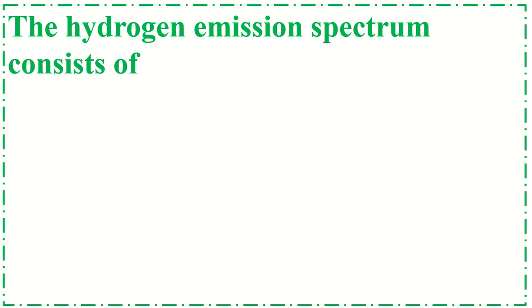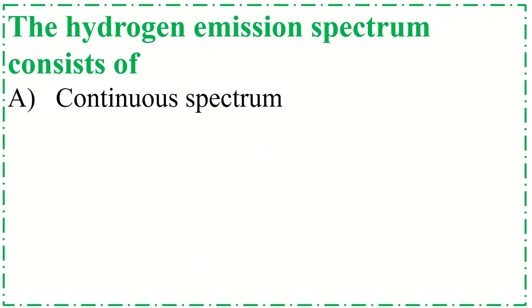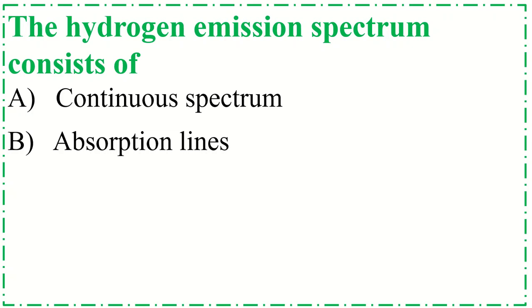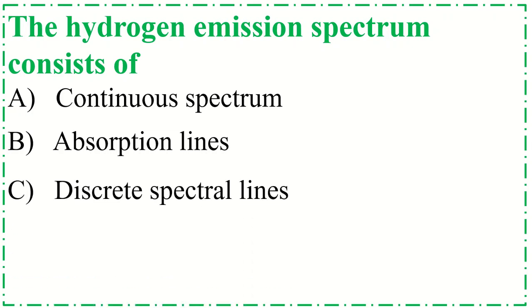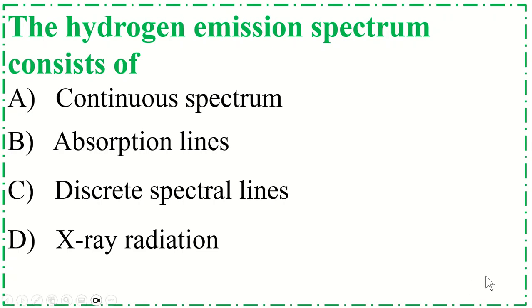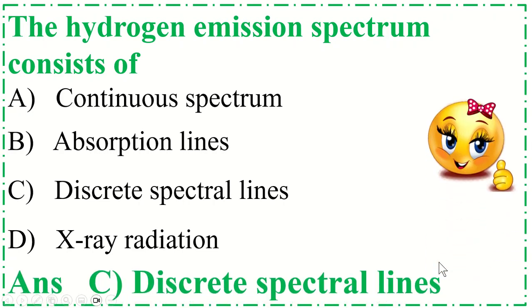The hydrogen emission spectrum consists of: option A, continuous spectrum; B, absorption lines; C, discrete spectral lines; D, X-ray radiation. Correct option is C, discrete spectral lines.